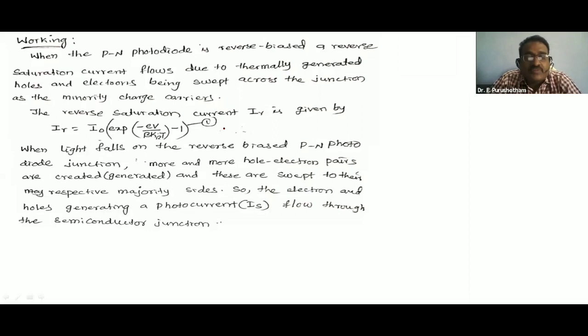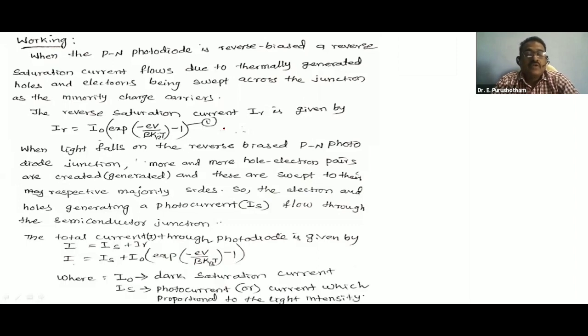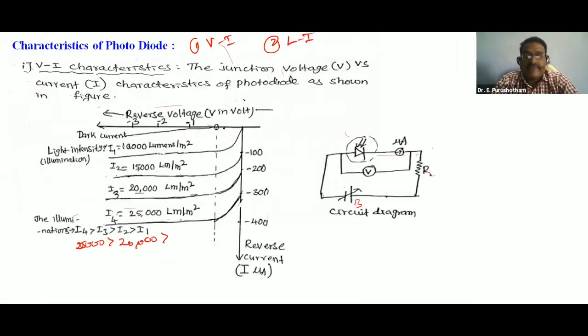It produces some current, called the photocurrent, represented by I_s. So the total current I = I_s + I_R, that is, I = I_s + I_0 (exp(-eV/βk_BT) - 1), where I_0 is the dark saturation current and I_s is the photocurrent.